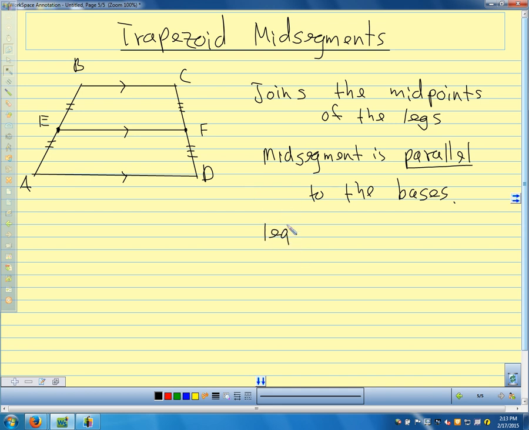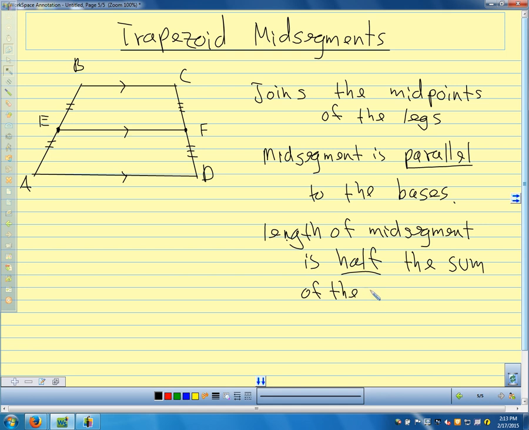So the length of the mid-segment is half the sum, means add together, half the sum of the base lengths.